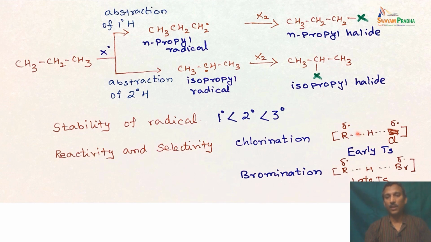If it is a chlorination reaction, then the transition state is very close to the starting material, so we have equal probability of formation of these two radicals. So the reaction mechanism can be explained based on the transition state of this particular radical reaction.